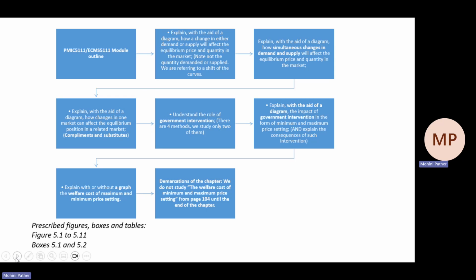We're going to be able to describe simultaneous changes and explain what the resultant outcome is for the market, as well as how these different changes impact equilibrium. We're going to understand the role of government interventions. There are only 4 methods, so we will study 2 of them. With the aid of a diagram, we're going to describe what those government interventions look like.